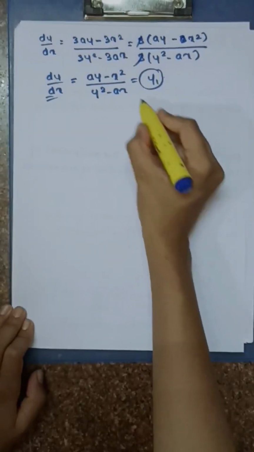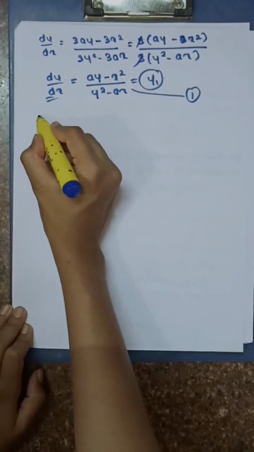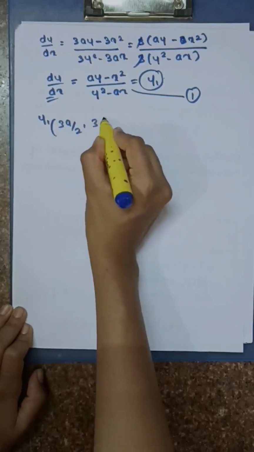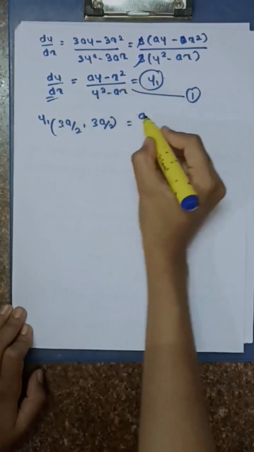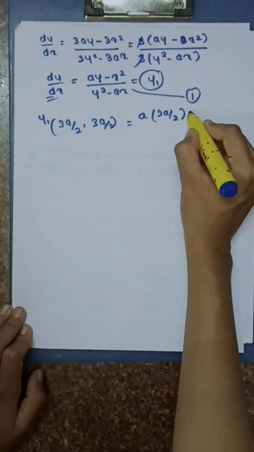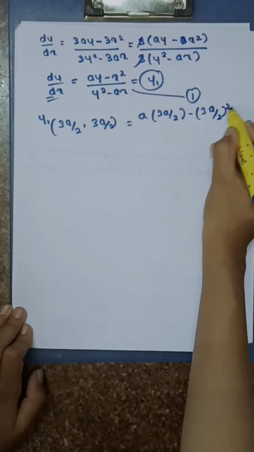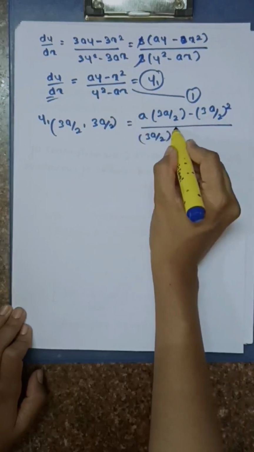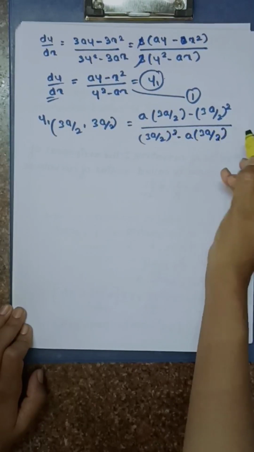Okay, so let this equation be equation number 1. Next, y1 at the point 3a by 2 comma 3a by 2. So a in place of y, 3a by 2, minus in place of x, 3a by 2 whole square, divided by 3a by 2 whole square minus a into 3a by 2.